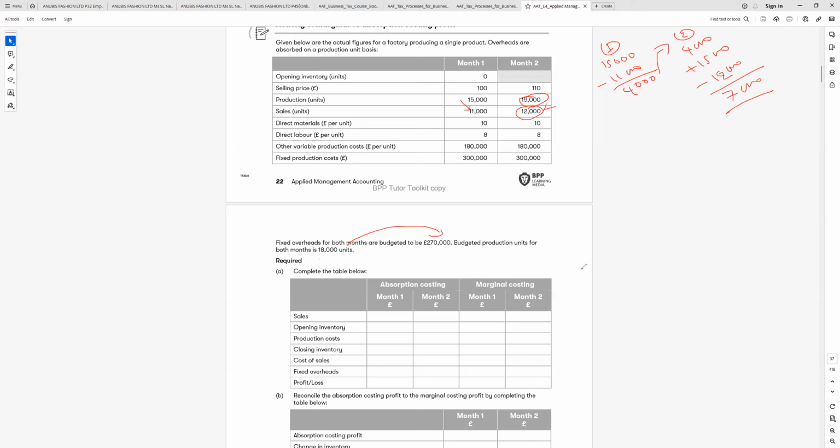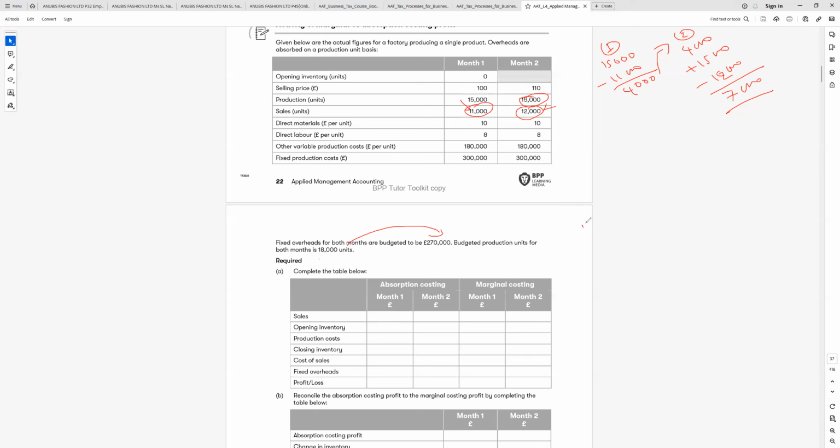Let's start with our sales. The sales we have 100 month 1, so under the absorption costing and marginal costing we'll do both. So sales we have 11,000 unit.